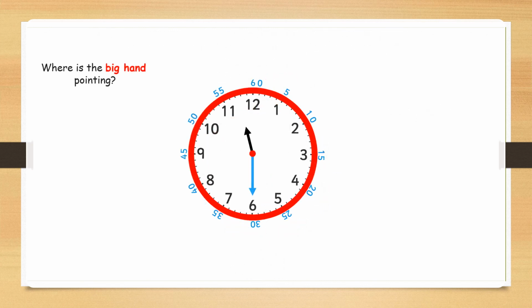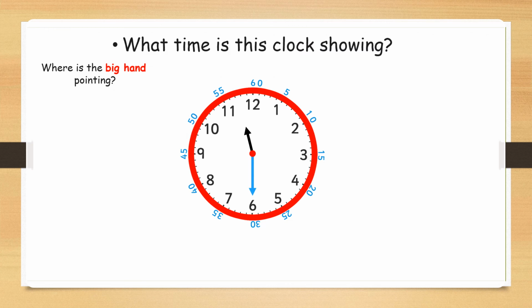Now children, can you tell where the minute hand is pointing? Very good. The minute hand is pointing at 6. And where is the short hand?